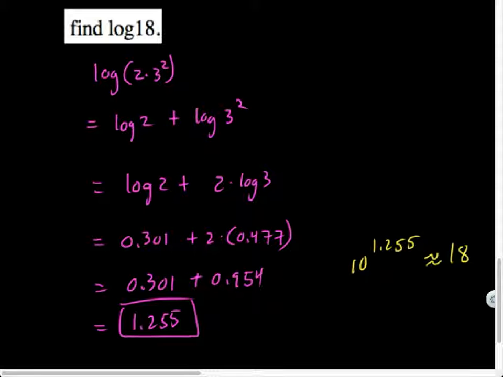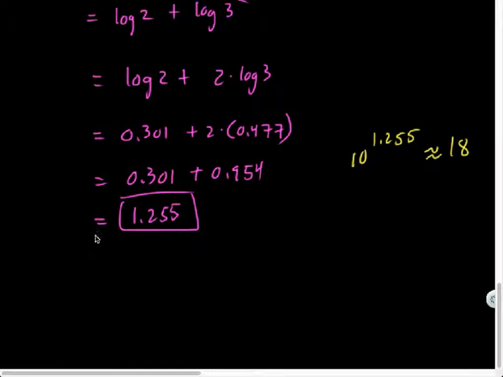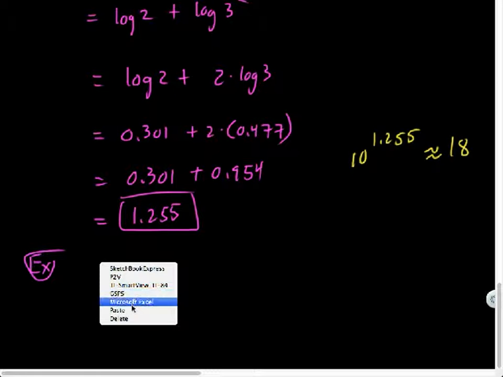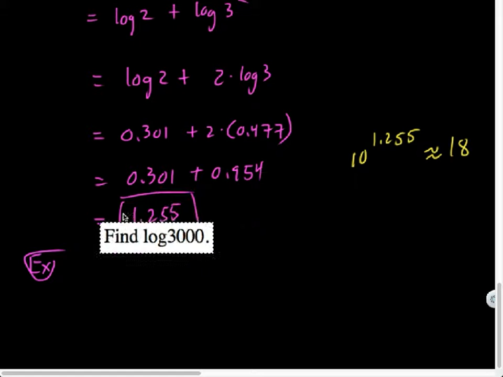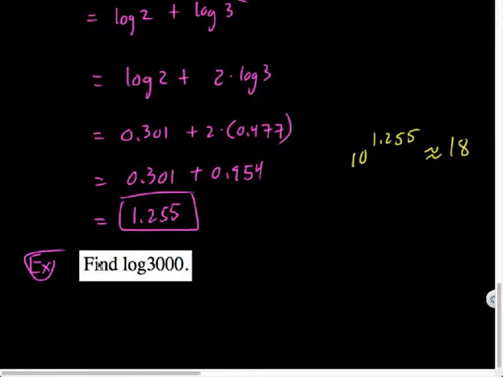This next example deserves maybe its own, I might even give this one its own example box. I think I'm gonna do it. And it's even a capital F this time. Find log 3000.